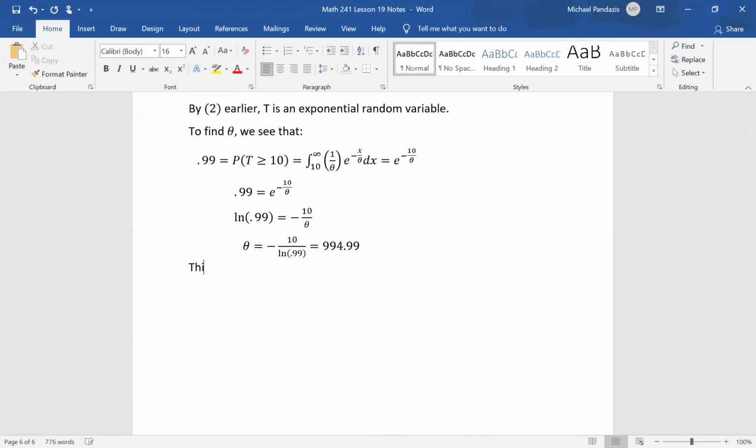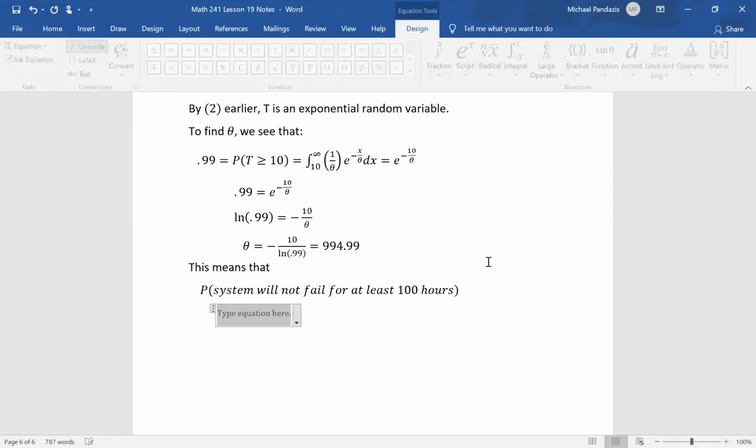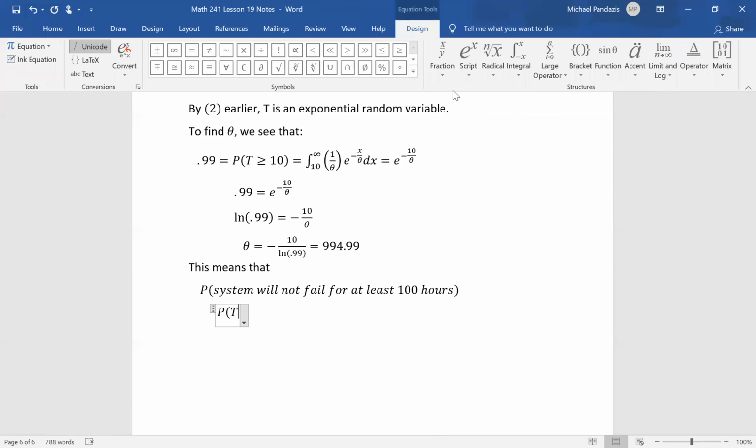Okay, and so this means that the probability that the system will not fail for at least 100 hours is equal to the probability that X_T, the waiting time until failure, is greater than or equal to 100, and that's equal to the integral from 100 to infinity of 1 over theta e to the negative x over theta dx.